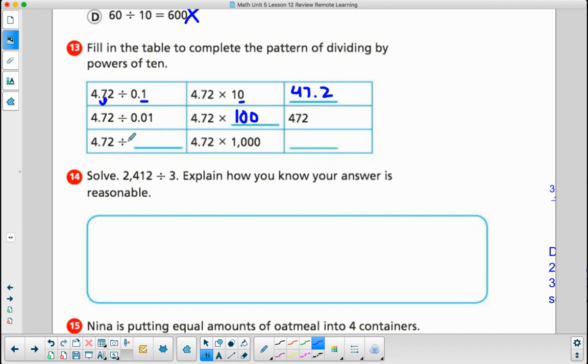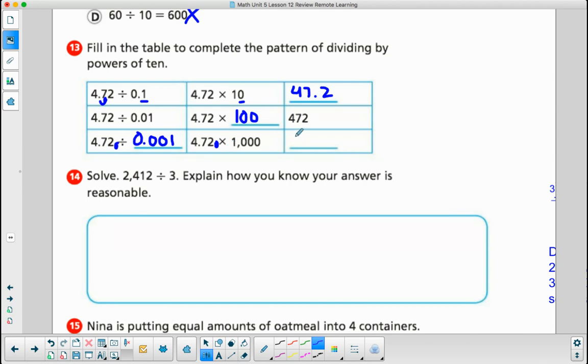4 and 7200ths divided by what is the same as multiplying by 1,000. Well, that would be dividing by 1,000th, because I'm shifting 1, 2, 3 places. So the digits shift 3 places to the left. 1, 2, I have to attach a 0, 3.